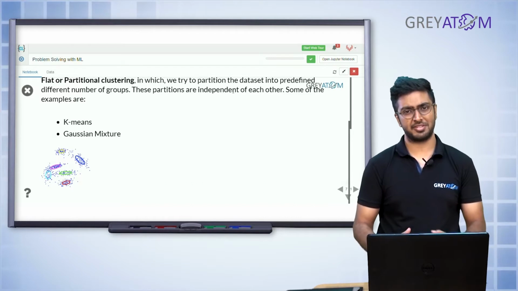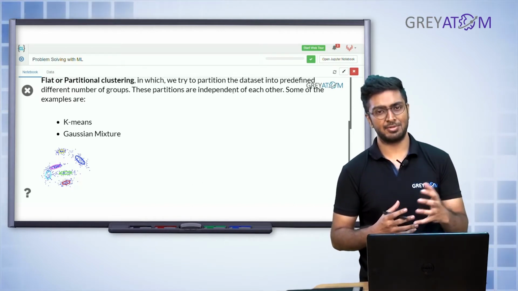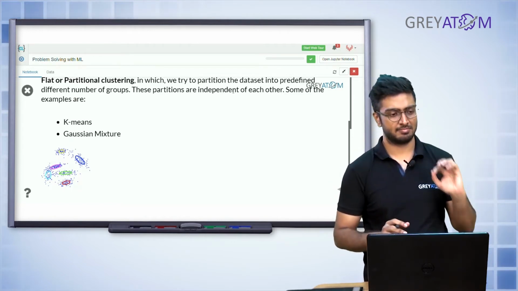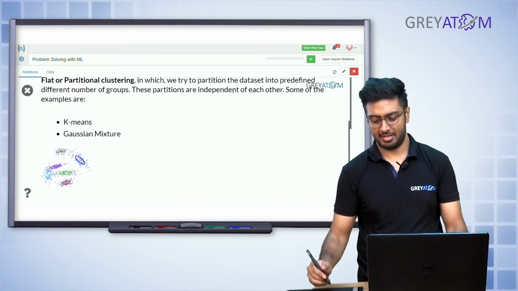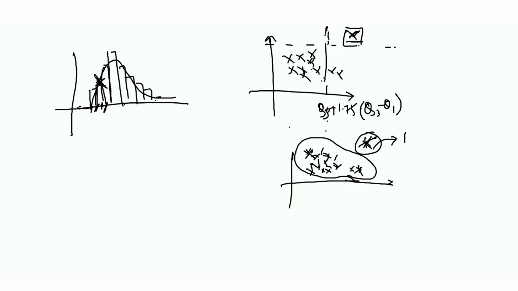Flat or partitional clustering is something that we are familiar with, which is basically given a set of news articles, we are going to classify them into sports, tech, politics, entertainment, right? So these are your different news articles that you can think of.